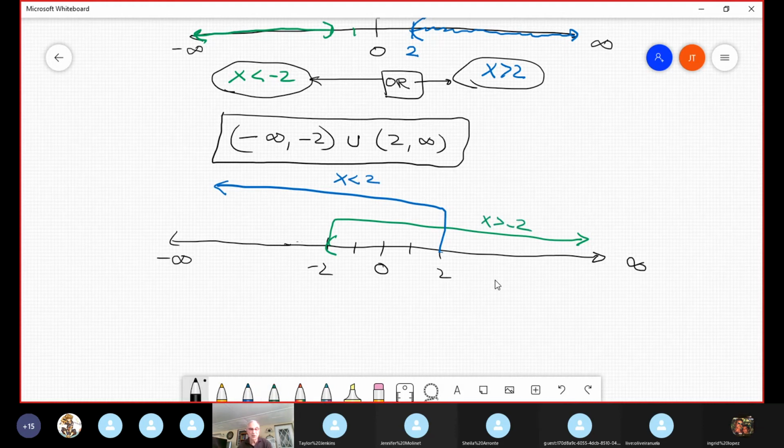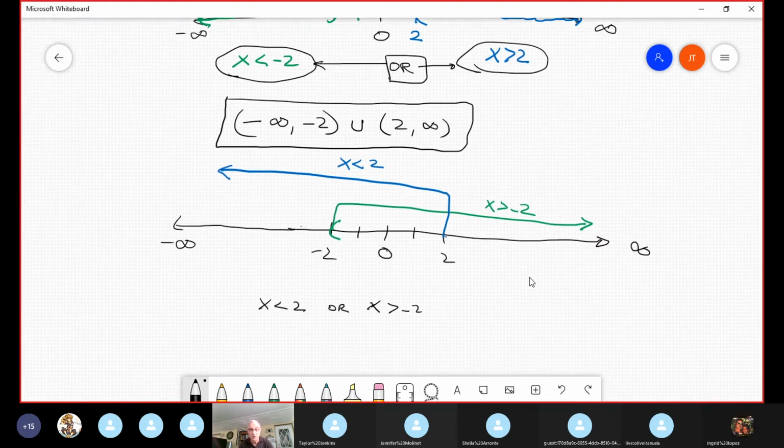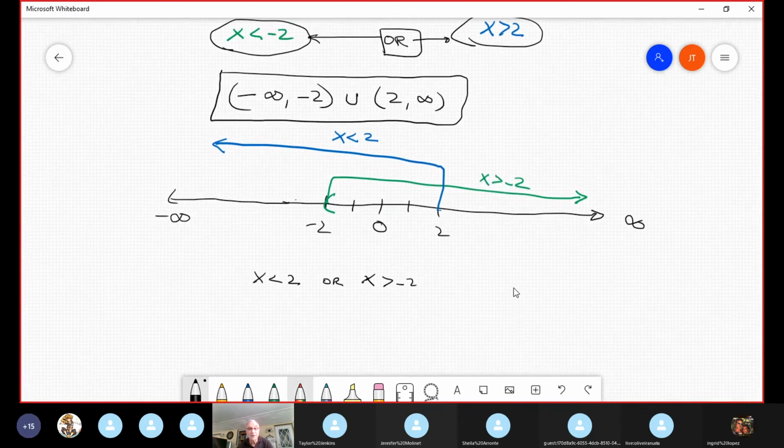I want to connect x less than 2 or x greater than negative 2. So, union. Wow, professor, I don't understand very well. The problem is, using rainbow colors, the first interval is this. We start from this to the left in that direction. And the second interval is this.